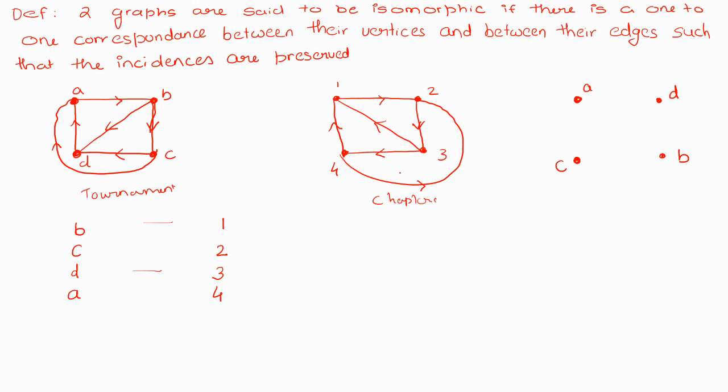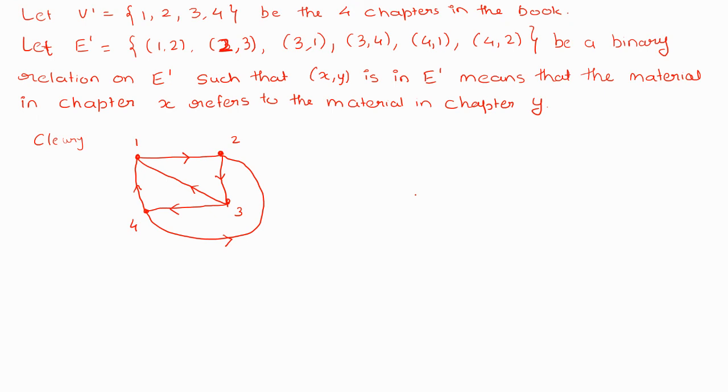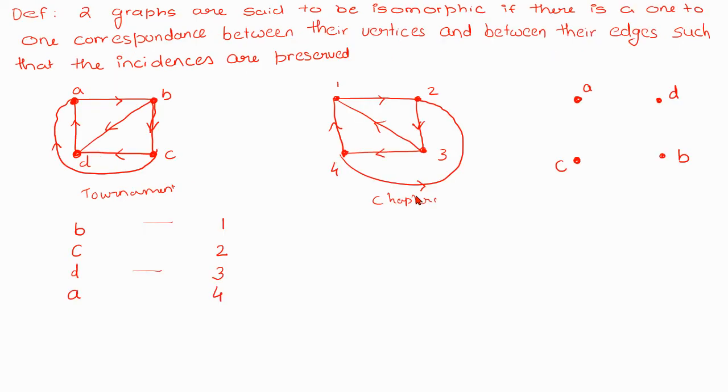No, it's 3 to 1. So there does not exist an edge. This is the edge from B to D. Therefore, in this case also there should be an edge from 1 to 3. But in this case it does not exist. There exists an edge from 3 to 1, no doubt, but not from 1 to 3.